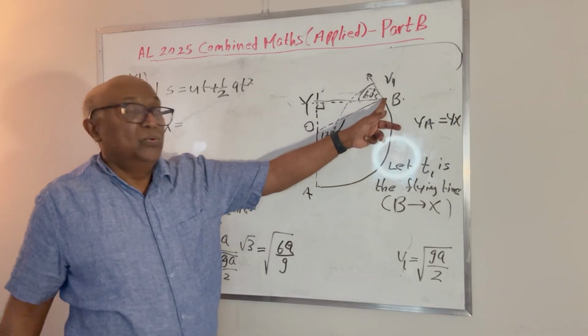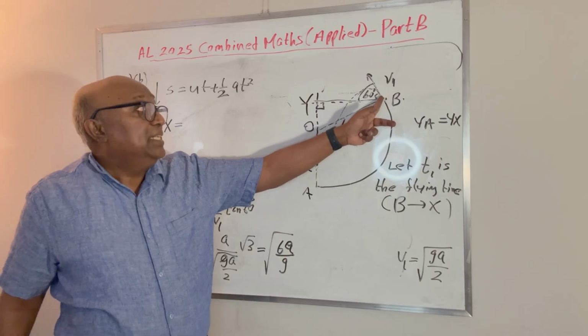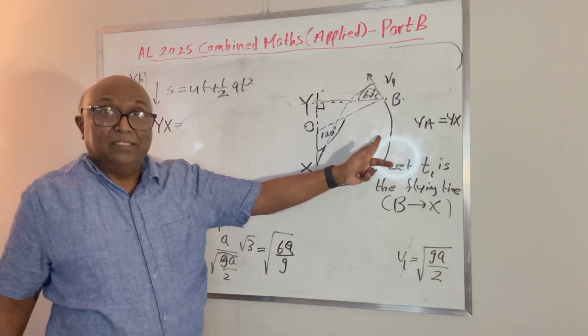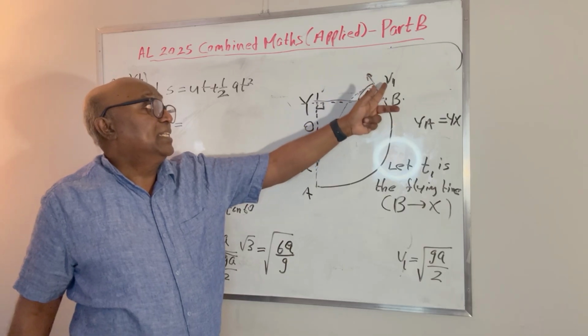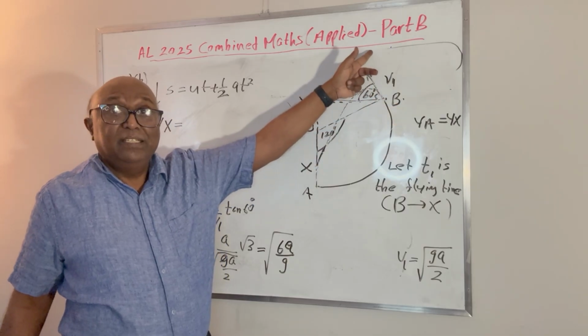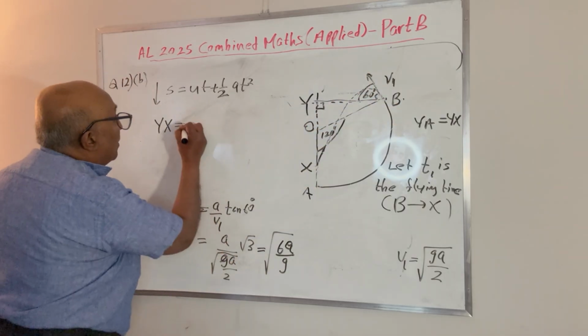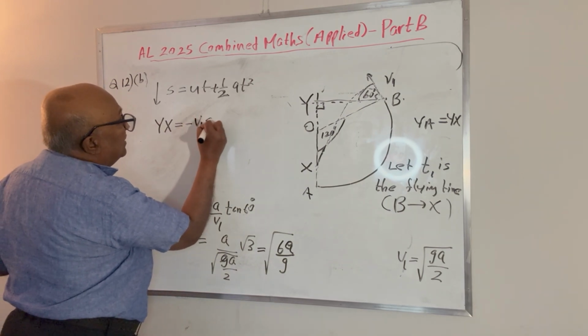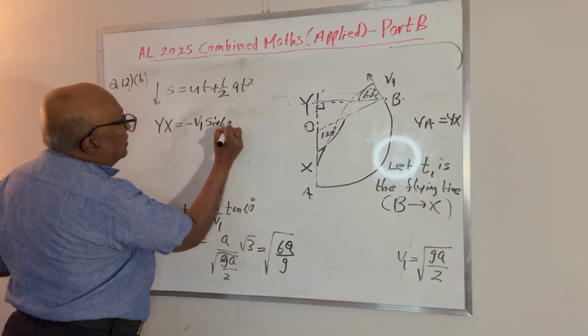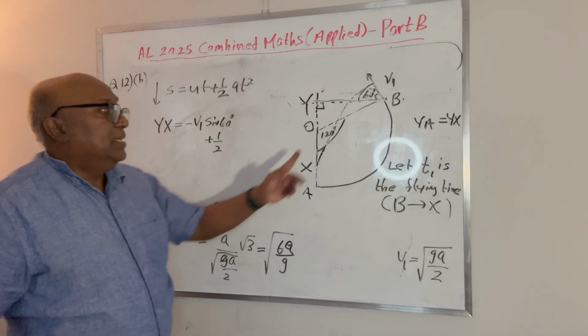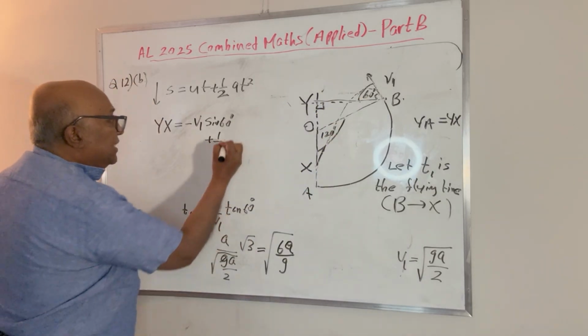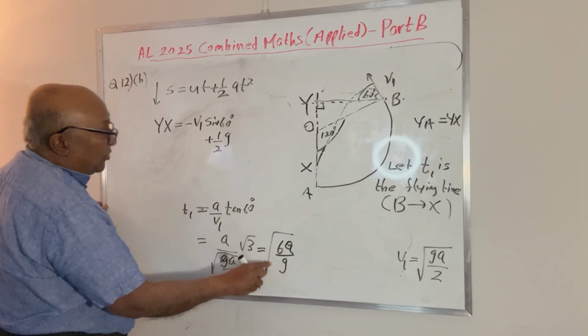What is u? That is the initial velocity in downward direction. You can resolve this velocity in the vertical direction: v1 sin 60 in downward direction, plus half a, where a is the acceleration, that is g, t squared.